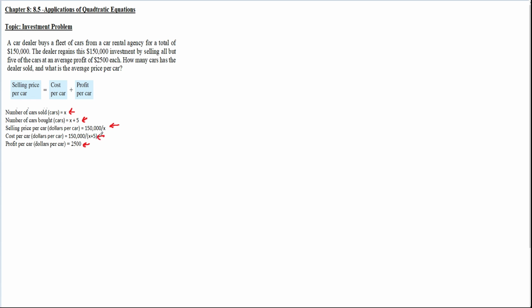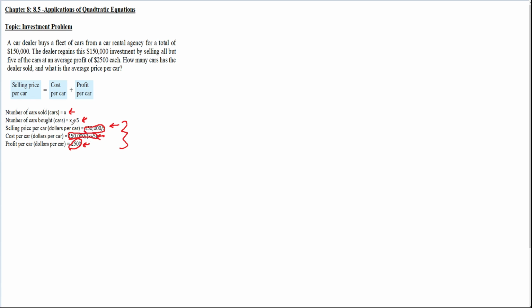So we want to use these three values, because you could consider this the selling price of the car, this is the cost per car, and right here is the profit.